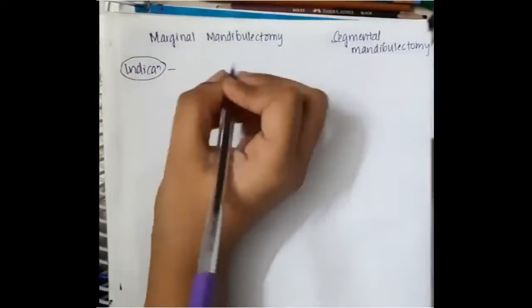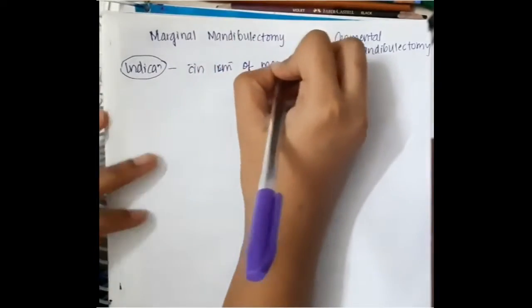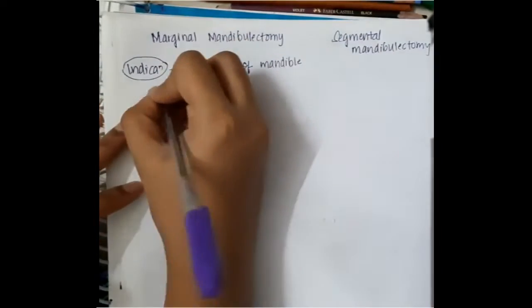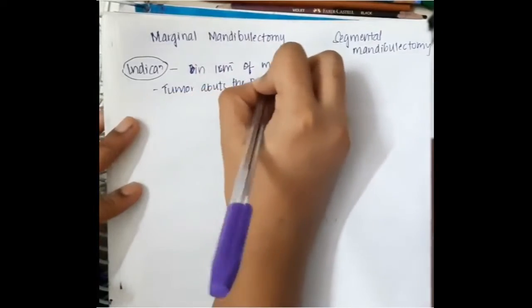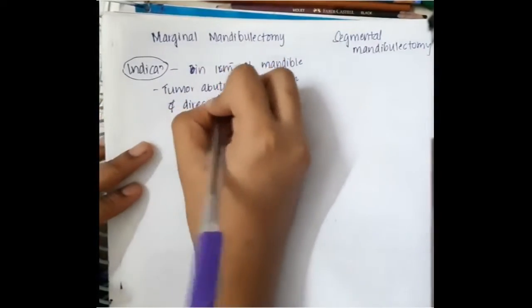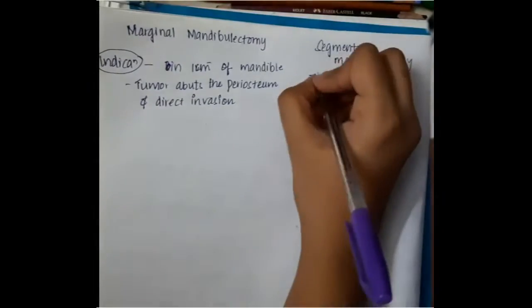The indications of marginal mandibulectomy include a 1 centimeter mandible tumor where the tumor abuts the periosteum only and does not show any direct invasion.